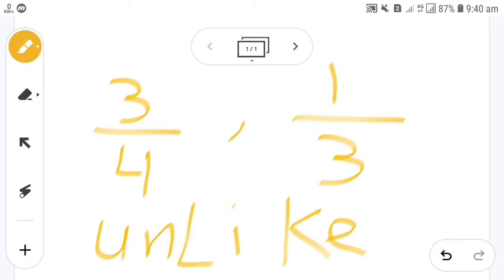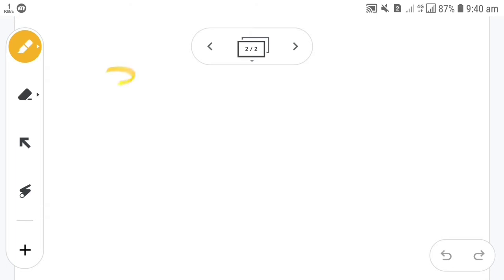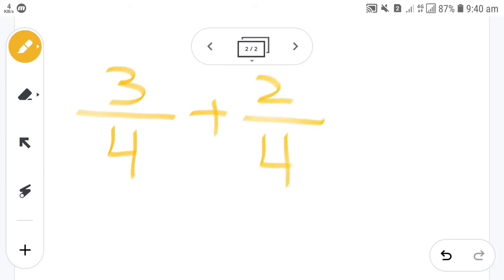So we started. Consider we have two fractions, 3 by 4 and 2 by 4. These are like fractions and we are going to add like fractions.